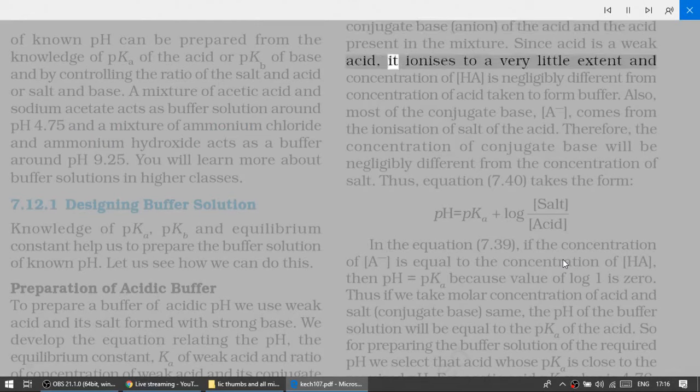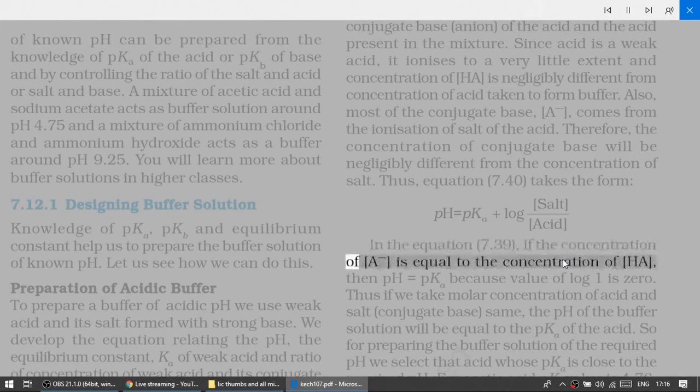Since the acid is a weak acid, it ionizes to a very little extent and the concentration of HA is negligibly different from the concentration of acid taken to form the buffer. Also, most of the conjugate base, A⁻, comes from the ionization of the salt of the acid. Therefore, the concentration of conjugate base will be negligibly different from the concentration of salt. Thus, equation 7.40 takes the form pH = pKa + log [salt]/[acid], as in equation 7.39.